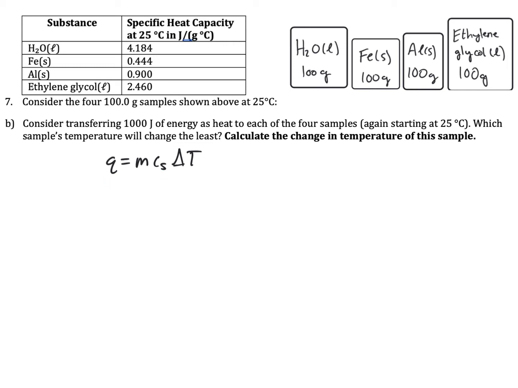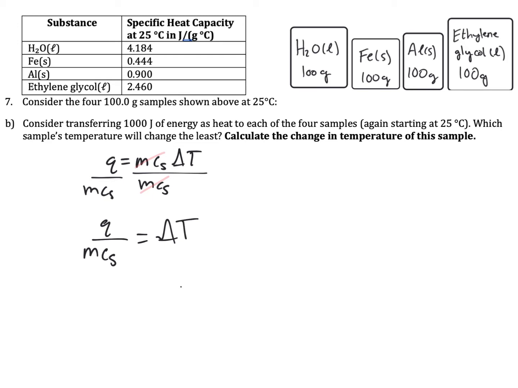You can see that if we solve the equation for delta T by dividing both sides by m Cs, we get Q over m Cs is equal to delta T. And that shows you that the larger Cs is, the smaller the change in temperature is, because that's on the bottom.